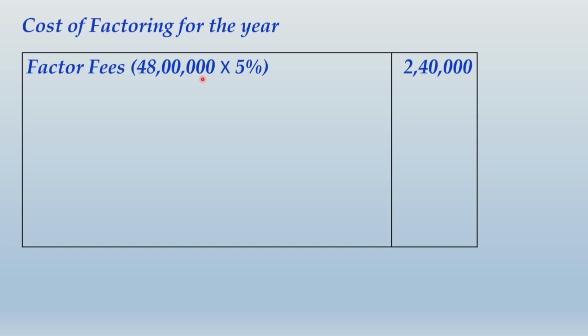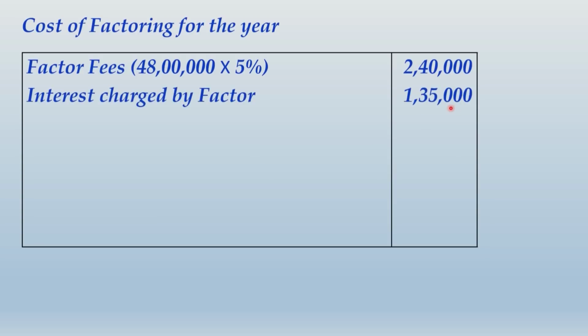So in a year there will be 4 cycles. 4 times the factor would collect 12 lakhs for us, and in total the factor would collect the entire credit sales of the year, that is rupees 48 lakhs, and would charge 5% fees on this entire collection, which works out to rupees 2,40,000. Now interest charged by the factor we have already computed, 1,35,000. So your annual cost comes to 3,75,000, but there will be certain types of savings.